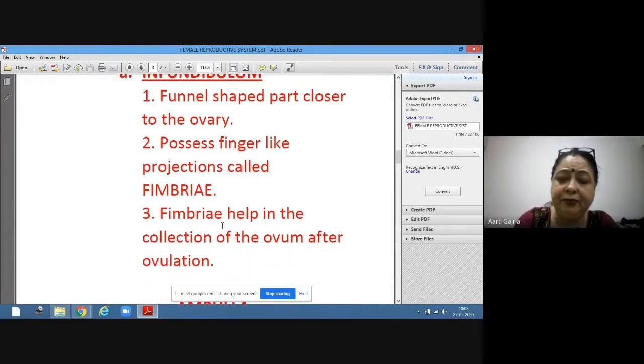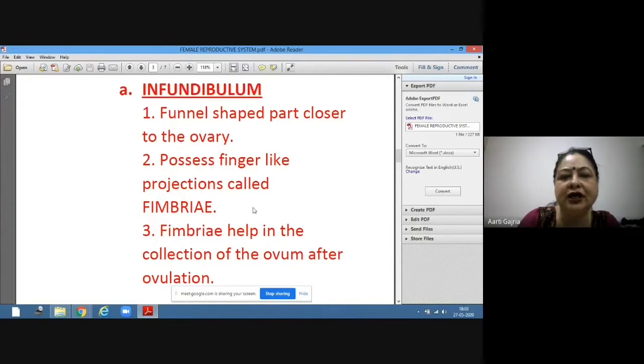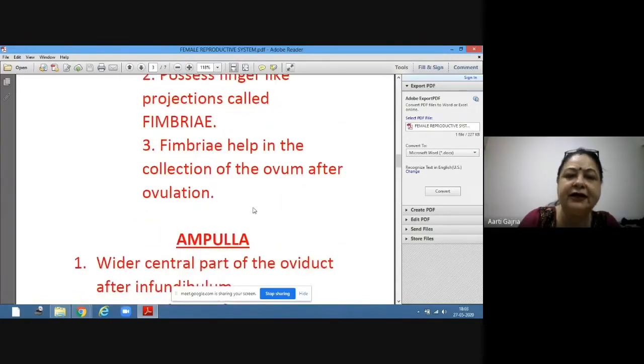Now, these fimbriae help in the collection of the ovum after ovulation. Once the ova is released from the ovary, the fimbriae help to collect the ovum from the ovary. And then the ova goes into the infundibulum part. That is, the fimbriae is also part of infundibulum.